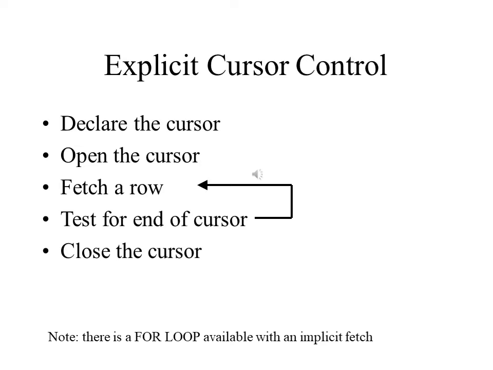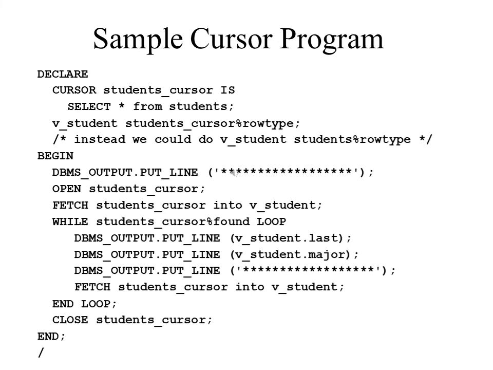Opening the cursor allocates the memory for the cursor and makes it ready for fetching the rows returned by the SQL statement into it. Then fetching a row: fetching the cursor involves accessing one row at a time. For example, we will fetch rows from the above opened cursor. Then next is closing the cursor. Test for the end of cursor and fetching a row.